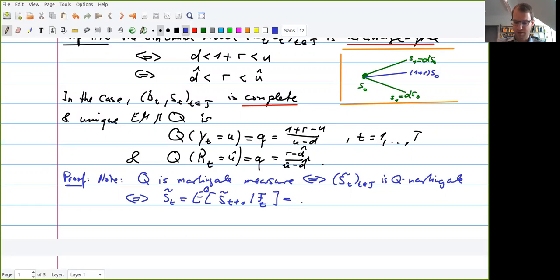We can express this as the price at time t, which is F_t measurable, so we can pull it out of the conditional expectation, and then multiply it with Y at time t plus 1 divided by the discounting factor, which is 1 plus r.